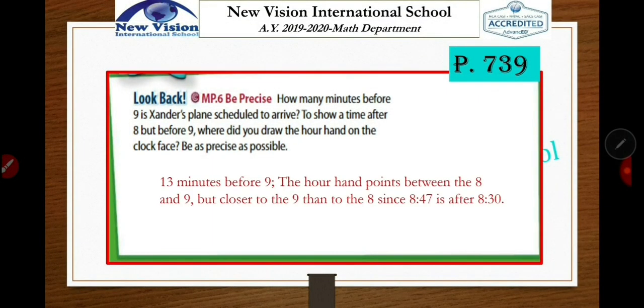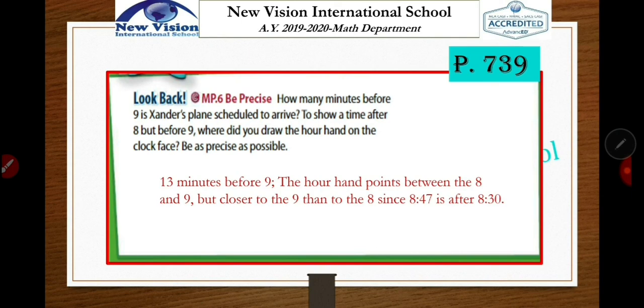All right, 13 minutes before 9. The hour hand points between the 8 and 9, but closer to the 9 than to the 8, since 8:47 is after 8:30. Okay? How did you know that it's 13 minutes before 9?